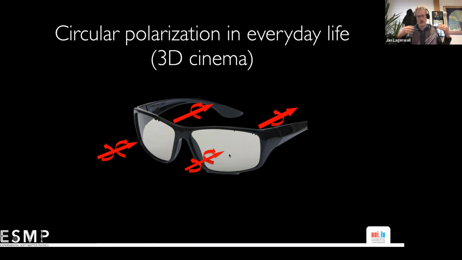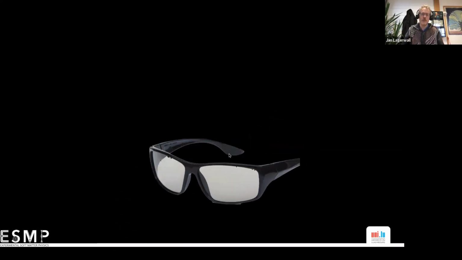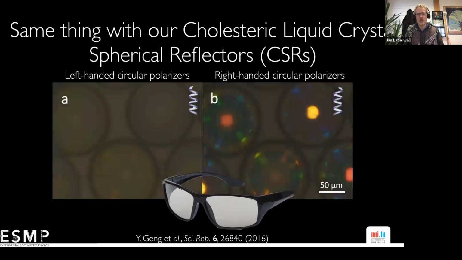You can actually superimpose light showing different things, but you can just filter out one particular message if it is circularly polarized. So that happens in the 3D cinema, but it also happens with cholesteric liquid crystals. So these are now these shells that we prepared with cholesteric liquid crystal.